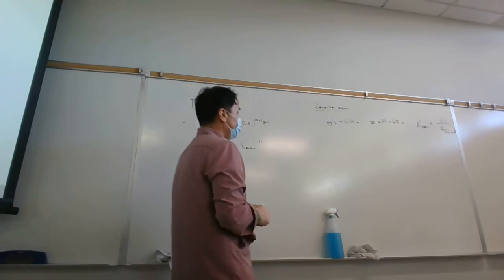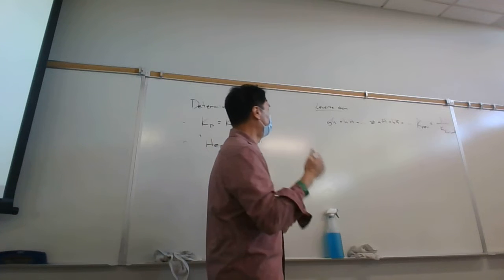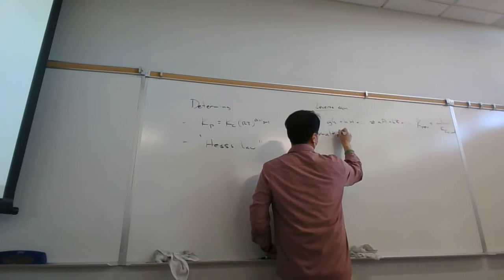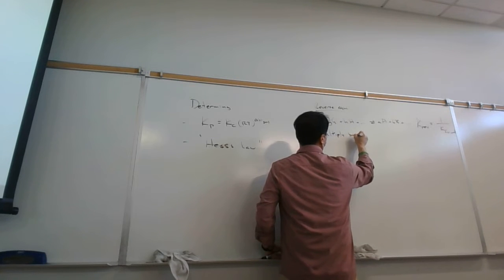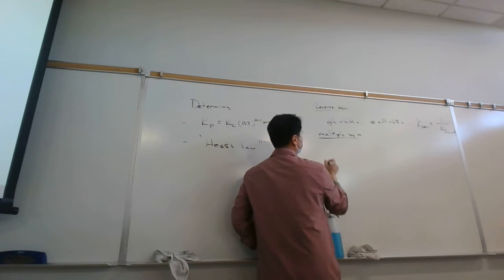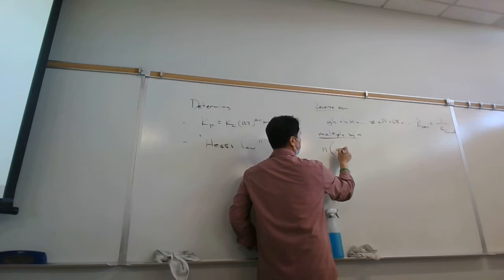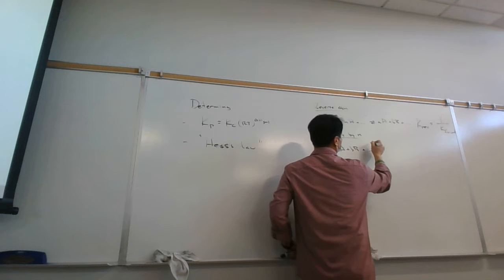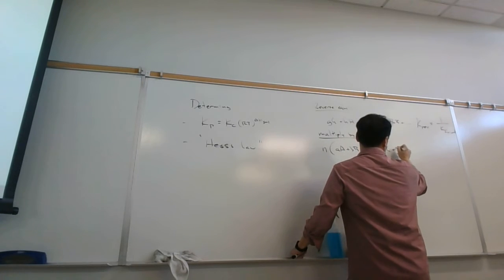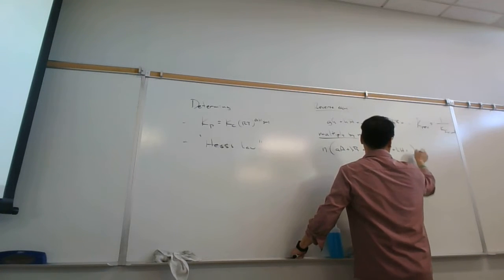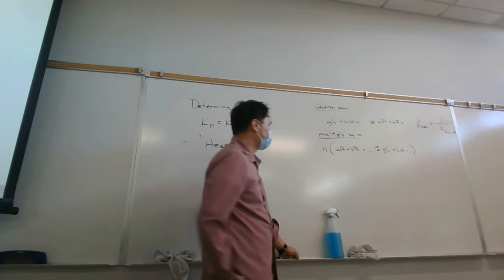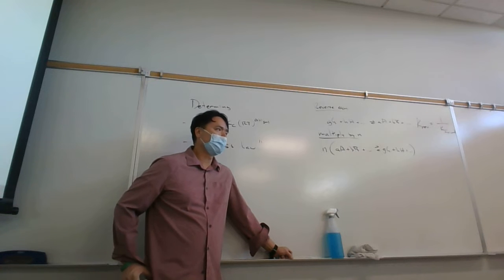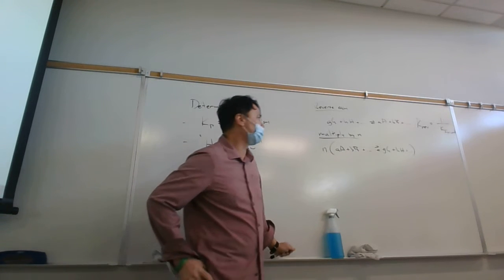The other is that we change the coefficient. Let's say we multiply by n, or x, or whatever you want to say. So we have n times aA plus bB plus dot dot dot goes to gG plus hH plus dot dot dot. We'll go with the forward this time. Let's say we multiply by 2, we double the equation, or we multiply by 1/2, we cut the equation in half.